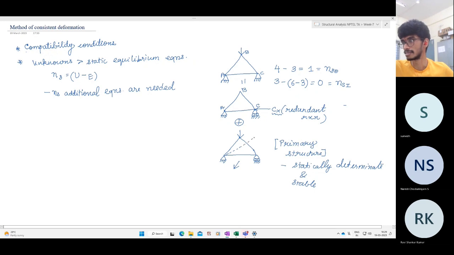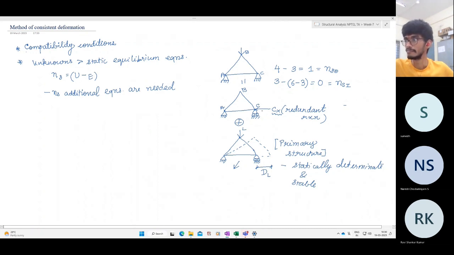Suppose under this load, this truss deforms this way. This point moves by a distance, say d, subjected to the applied external load L. So suppose the structure under the applied load, if we remove the restraint at this point, the point displaces by a distance dl. But in the original structure, the point is not supposed to displace.